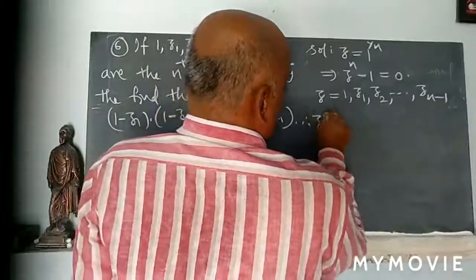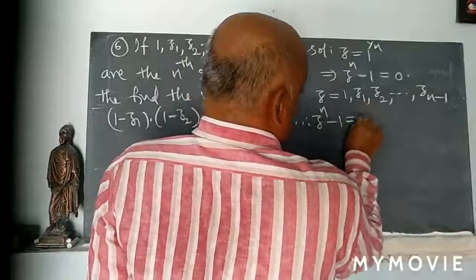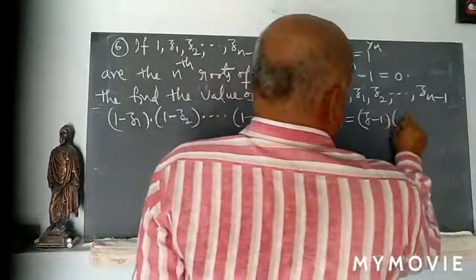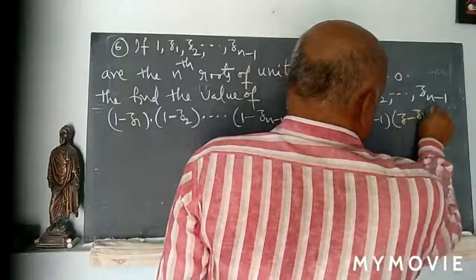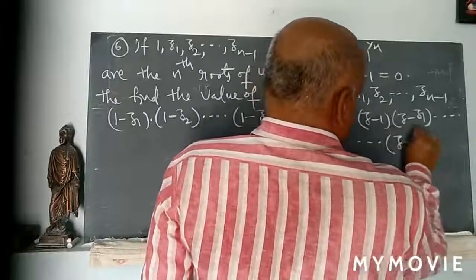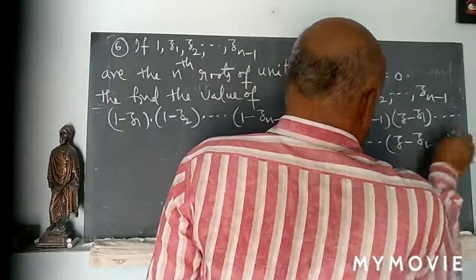Therefore, z to the power of n minus 1 is equal to (z minus 1) into (z minus z1) into, and so on, into (z minus z(n minus 1)).